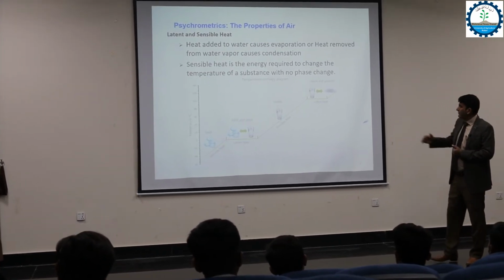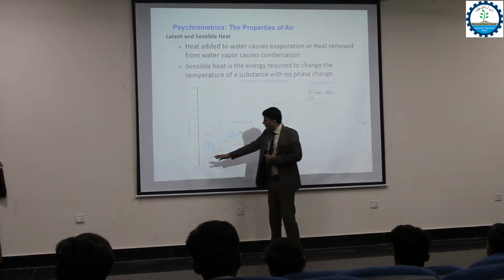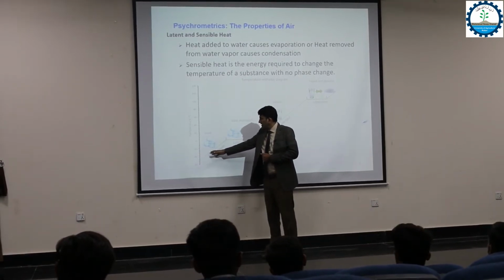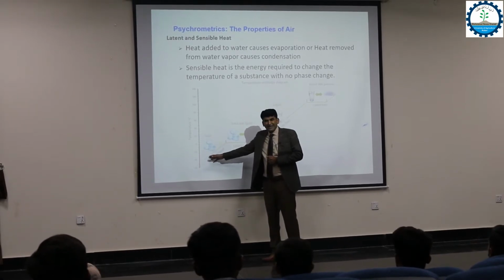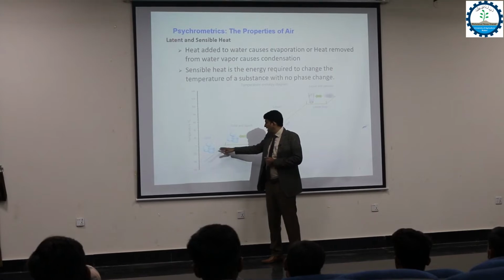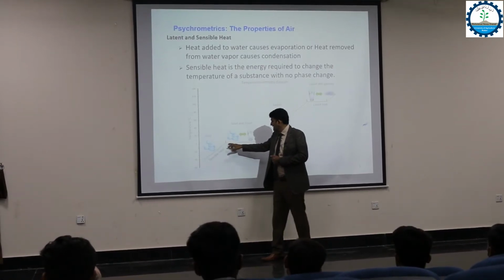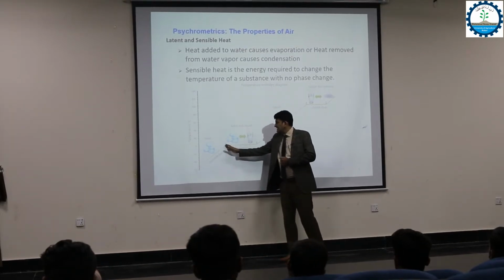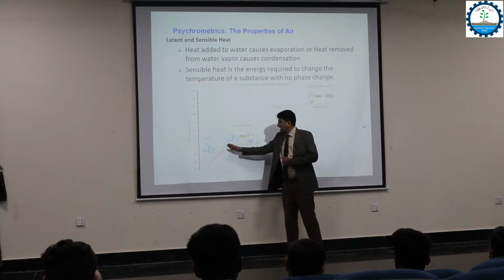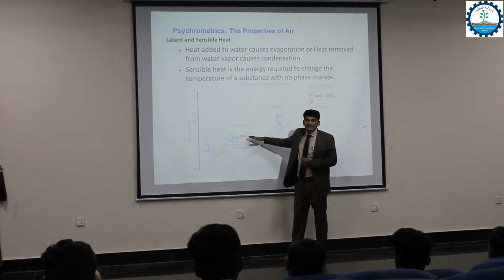So if you see in the graph, here -40, -20 are all temperature variations which our thermometer can sense. But when the temperature approaches zero, there is a horizontal line. So this is a change in enthalpy or internal energy, but there is actually no change in temperature.